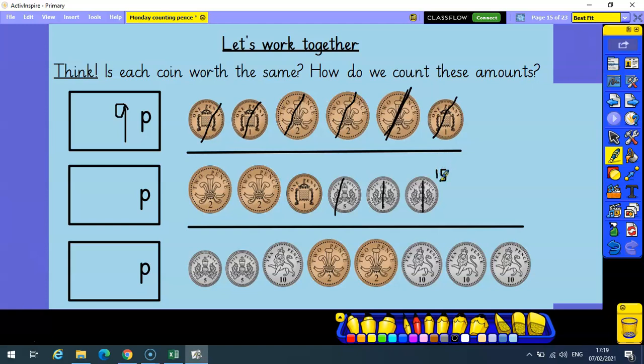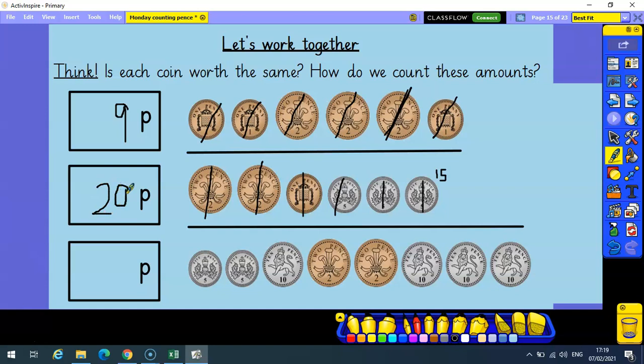They're worth 15. And then these are both worth 2. But I'm starting at an odd number, so it's going to be a bit tricky, isn't it? So 15, 16, 17, 18, 19, and one more, 20.